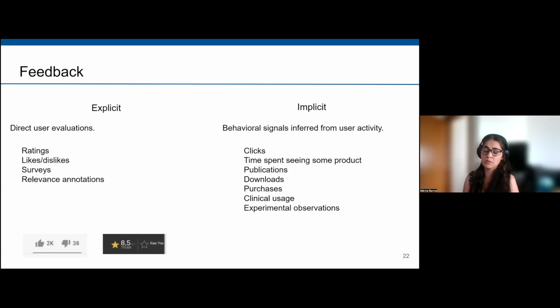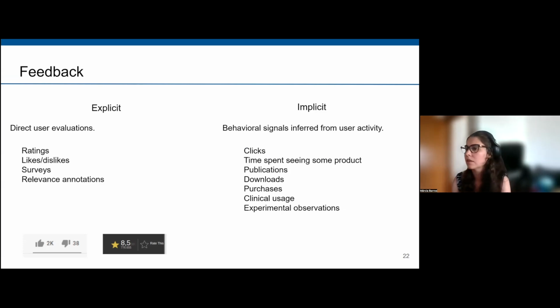We have two specific types of feedback, explicit and implicit. In the explicit feedback, the user will directly evaluate an item. So with a thumbs up and thumbs down, with a star schema, and the user will specifically tell us, I really liked this item or I really hated this item.